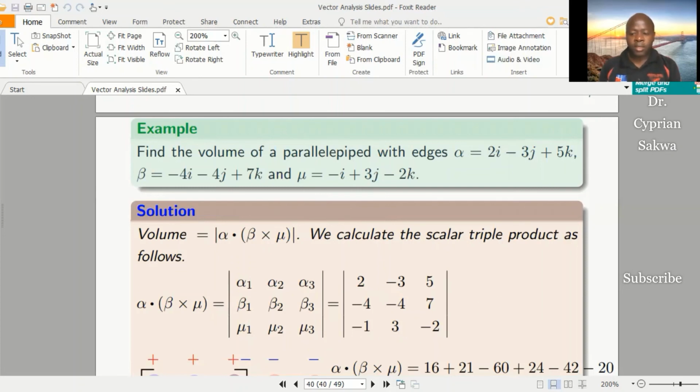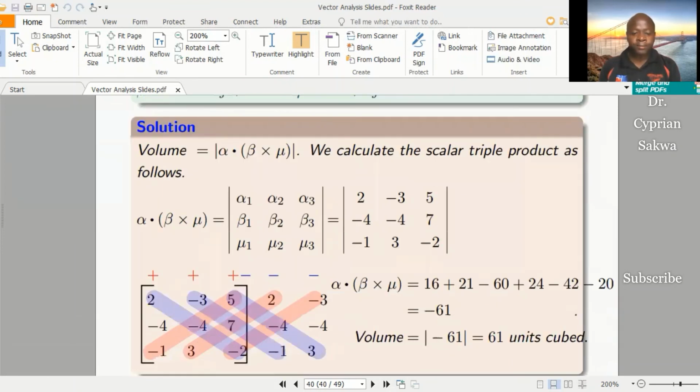And we use the easiest way to find the determinant. The whole of this matrix, place it here, and then the first two columns add them here. Multiply along the blue diagonals and add the results. This is the first 3. And then multiply along the red diagonals and subtract the result, the last 3. 24, -42, and -20.